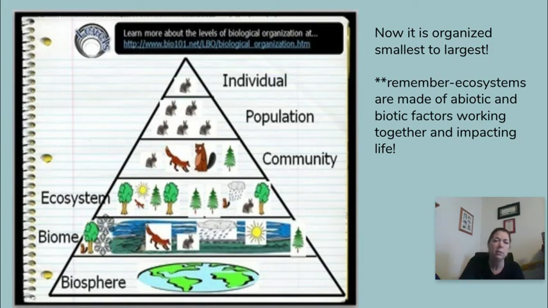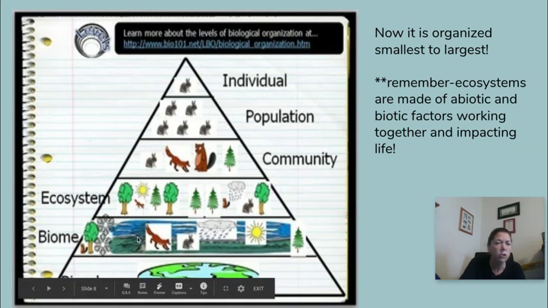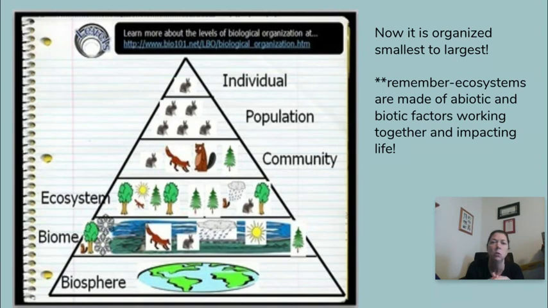From the ecosystem, you go up to a biome, which is just a very large ecosystem. We learned last week things like the desert, the tundra, the Arctic, the rainforest. Those were examples of biomes because you have particular plants and animals adapted for each of those areas. And then the largest one would be your biosphere.